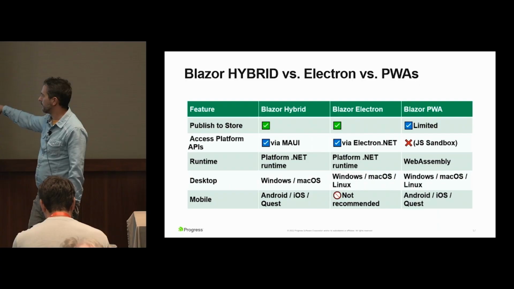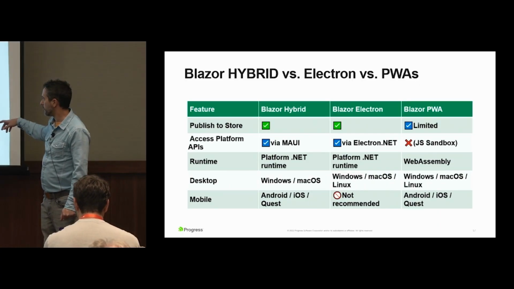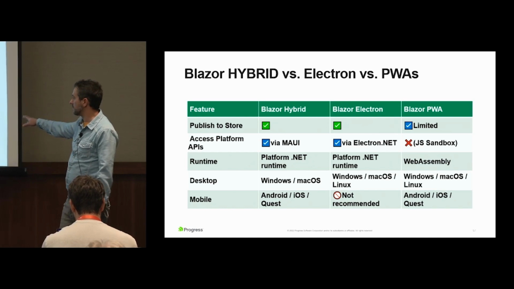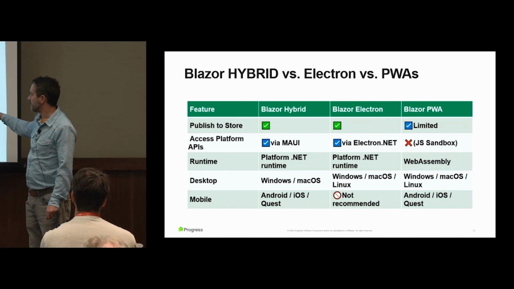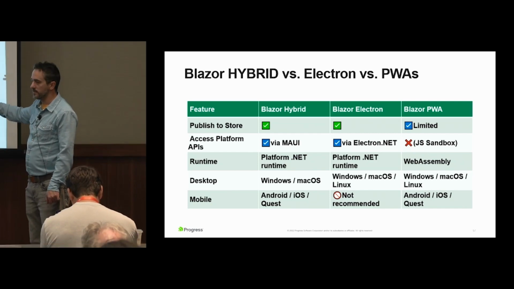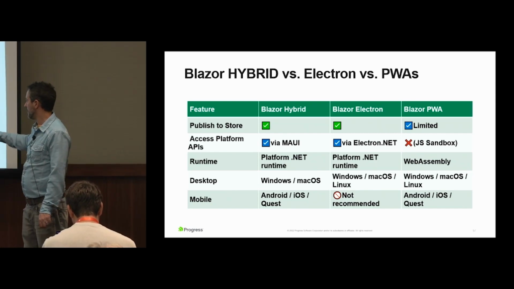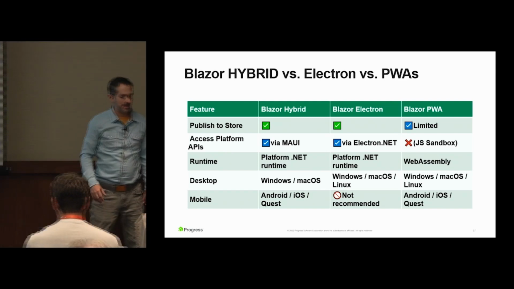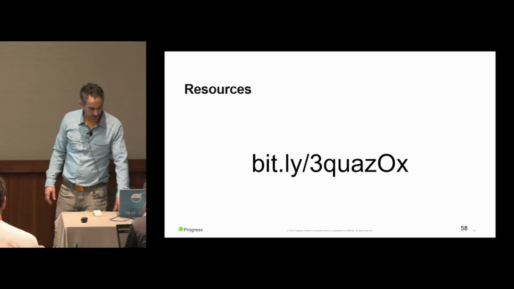PWAs use WebAssembly, but the others use the platform's runtime. PWA can hit Linux. That's one that we're missing from Blazor Hybrid right now. And Blazor Electron is missing mobile. So we've got some things there. You also see Quest in there. You can deploy some of these apps to the Quest as well.